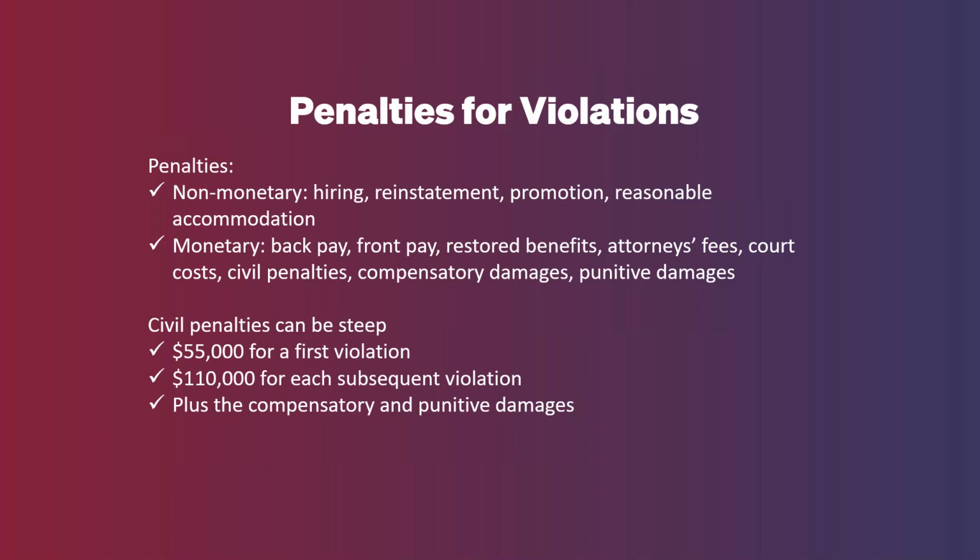There are also civil penalties that can be very steep: $55,000 for a first violation under federal law, and $110,000 for each subsequent violation. That's a federal fine by the federal government, plus the compensatory and punitive damages of that applicant, employee, or former employee suing you in court.